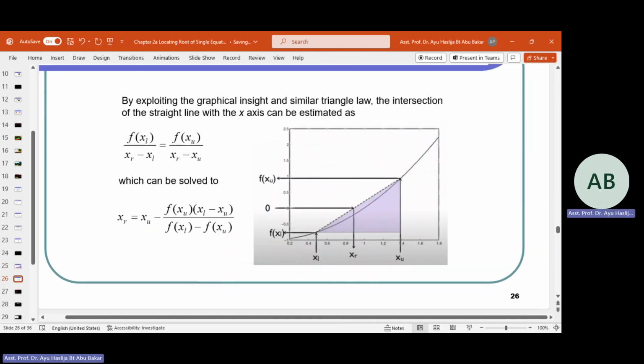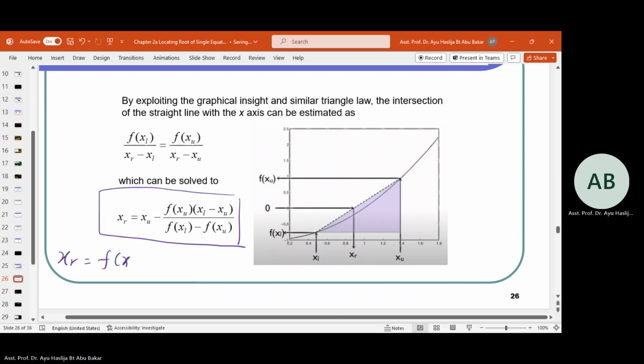In the slide, you will see this equation. So basically it's the same, they just rearranged it. You can try to rearrange so that you get the same equation as here. This is the one that we derived just now.